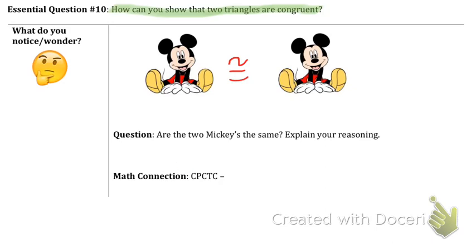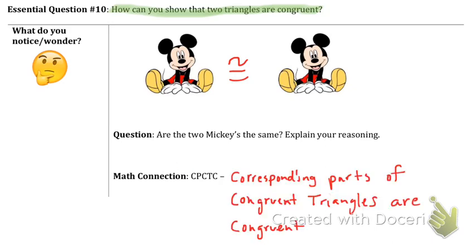CPCTC stands for corresponding parts of congruent triangles are congruent. CPCTC. And what that simply means is what I explained earlier in the Mickey example.